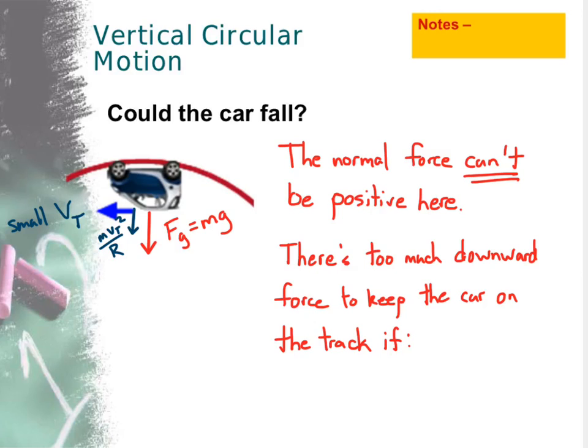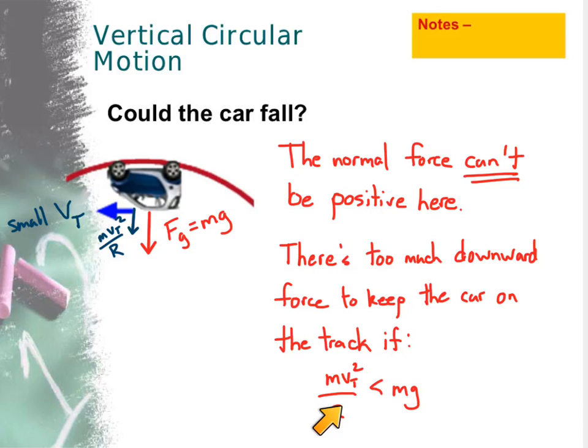And we can actually figure out what velocity that will happen at. In other words, what velocity at the top will cause the car to fall off the track. So we need this vector, m v squared over r, to be at least as big as the gravitational force. If it's not, then the car is going to fall off the track.